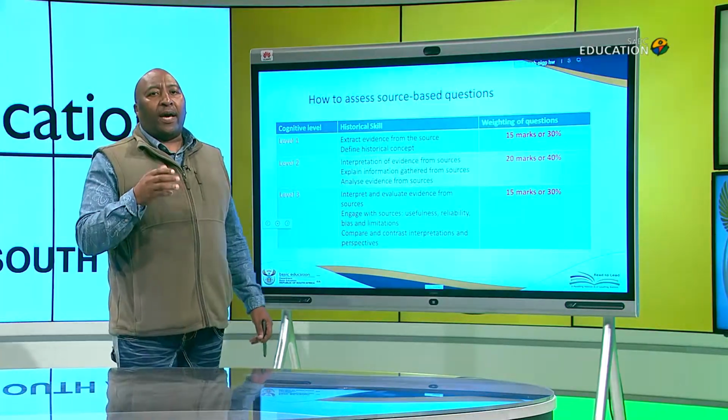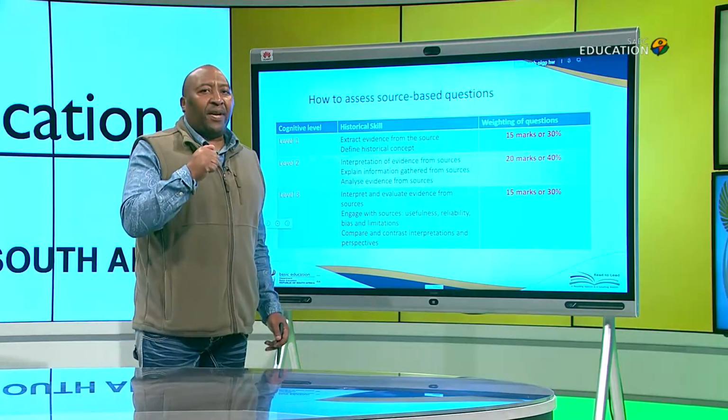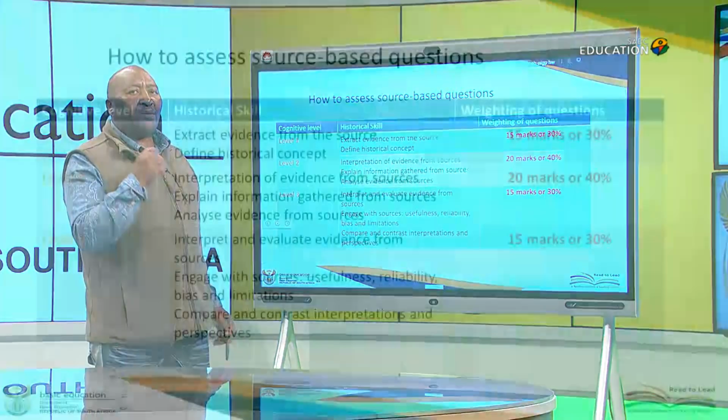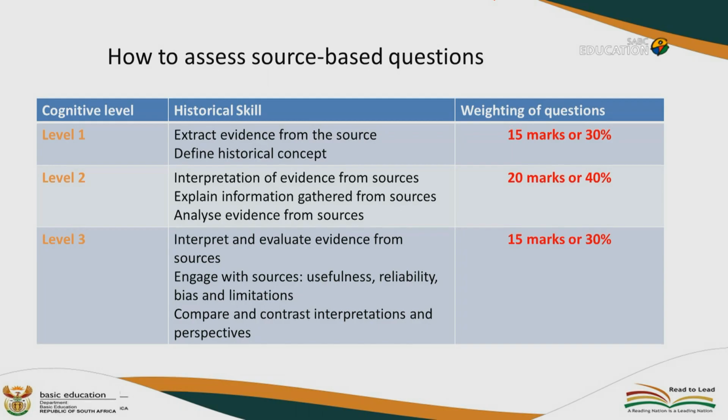Now, examiners are using different levels when source-based questions are to be interpreted. We've got three different levels of questions according to the historical information and historical skill that one has to apply.